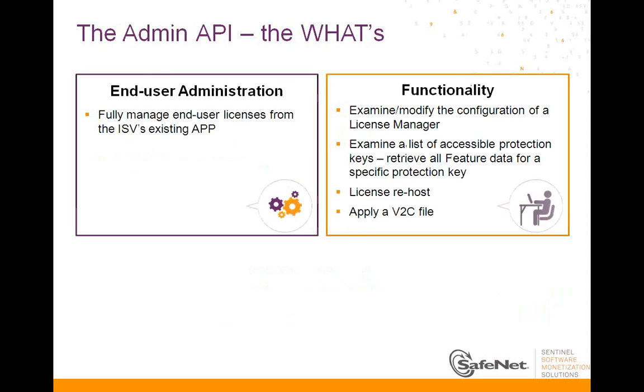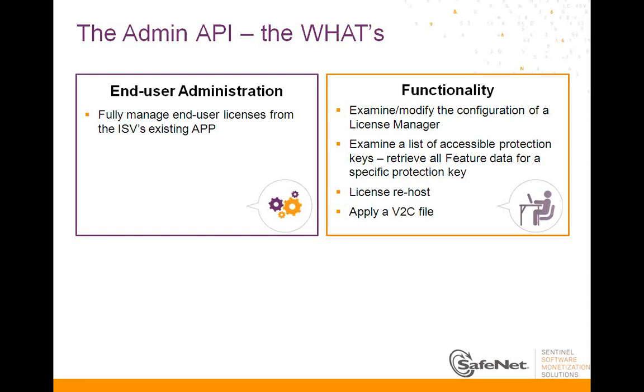The Admin API provides the functionality available in Admin Control Center, or ACC, and Central License Manager in the form of callable API functions. These functions can be called to retrieve information from local or remote license managers and to perform actions on these license managers. For example, one can examine the configuration of a license manager installation, such as the explicit IP address of the remote license manager where the protection key is located, thus allowing the application to consume licenses which would otherwise be inaccessible.